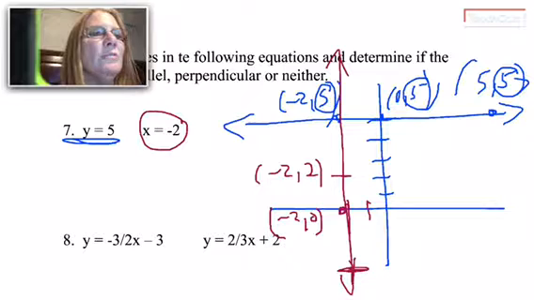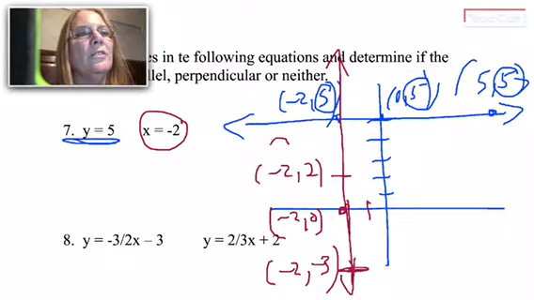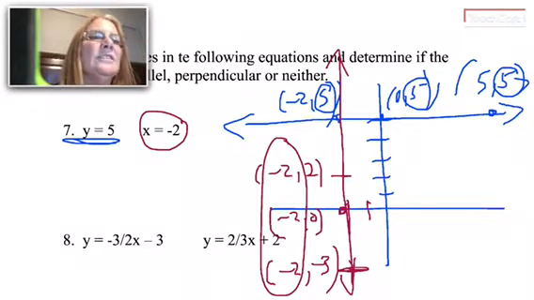This point down here might be negative 2, negative 3. But x is always negative 2. So that's what these two lines look like. And of course, this is a right angle. So a vertical line and a horizontal line have slopes that are opposite reciprocals, and the lines are perpendicular.